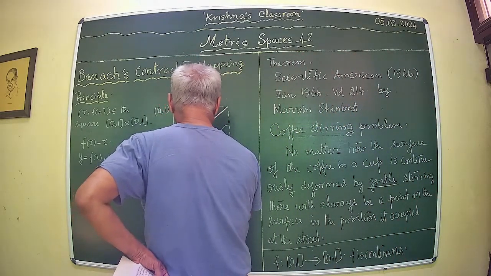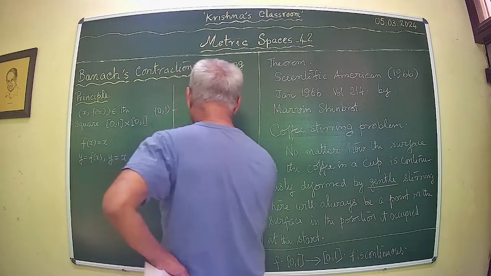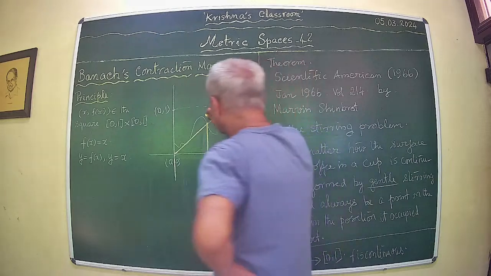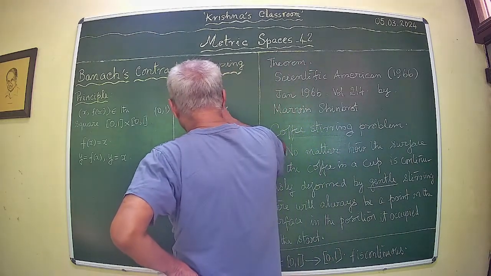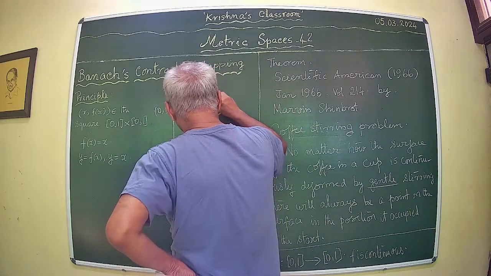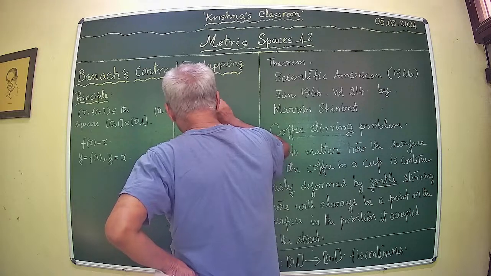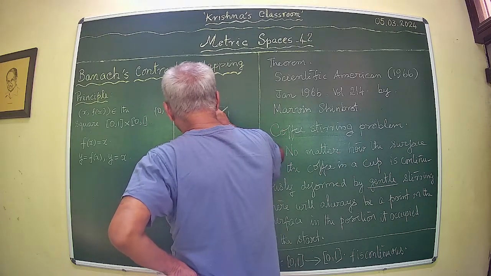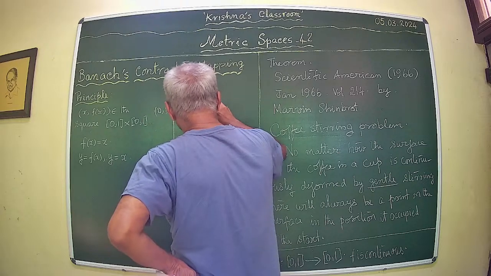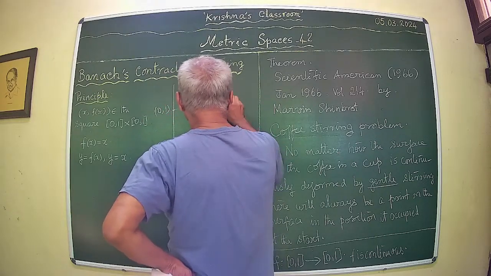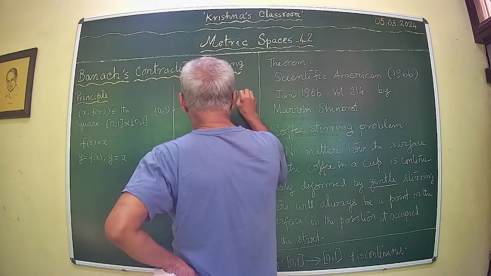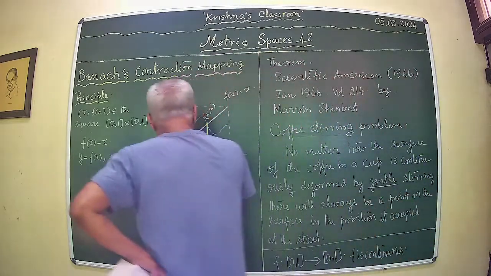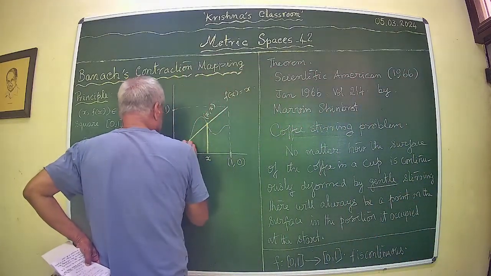Now you see that certainly there exists some point x lying on the domain where f(x) equal to x. So this is the point (x, f(x)). Similarly, there are other points here, the way in which we have drawn it.